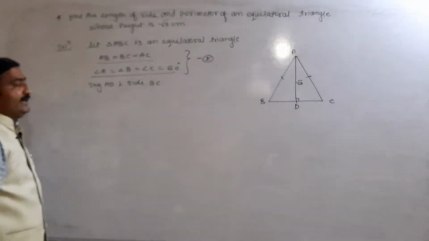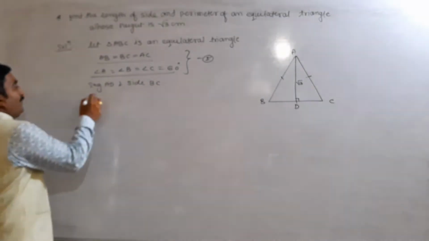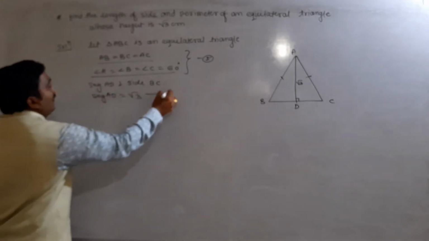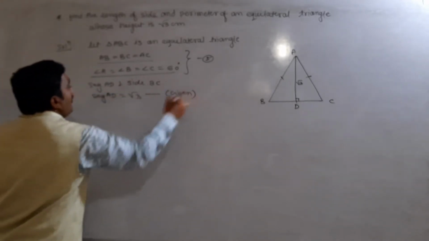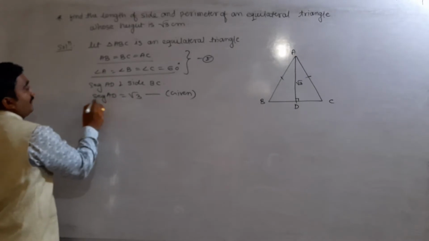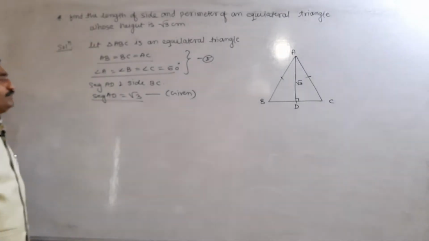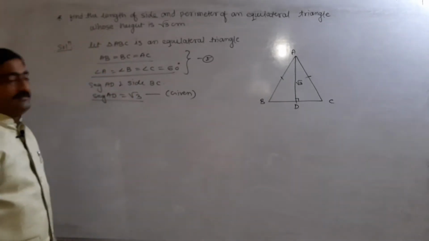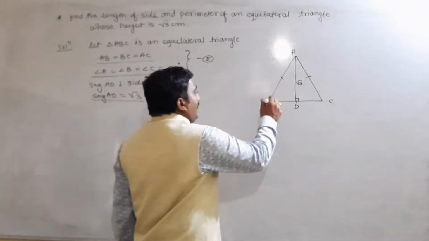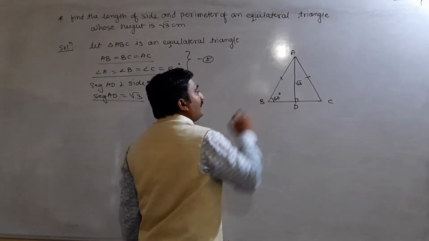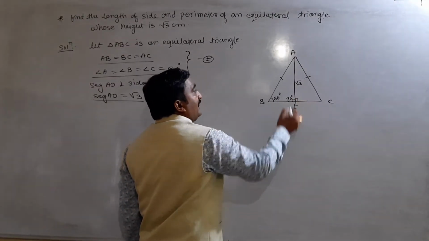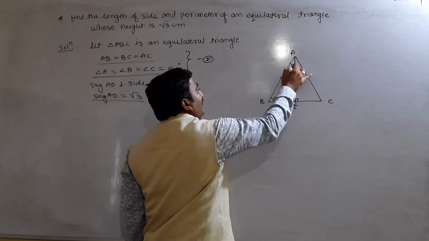Therefore, segment AD, the height, is equal to root 3. This is given, and we have to calculate the side. Angle B is equal to 60 degrees, and since this is a perpendicular, it is 90 degrees. Then the remaining angle is 30 degrees.